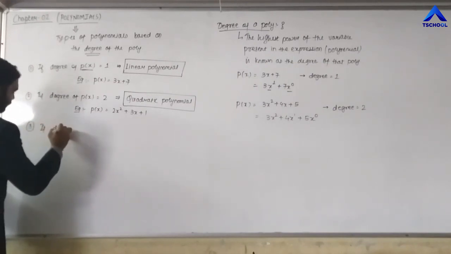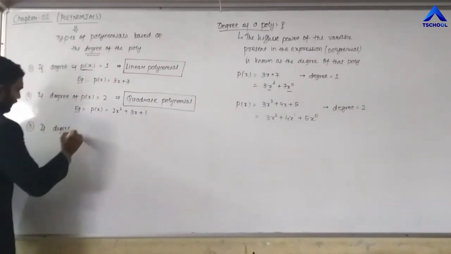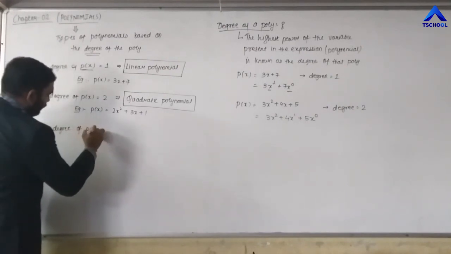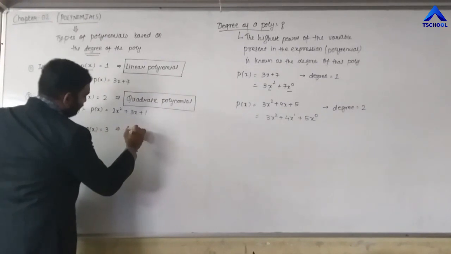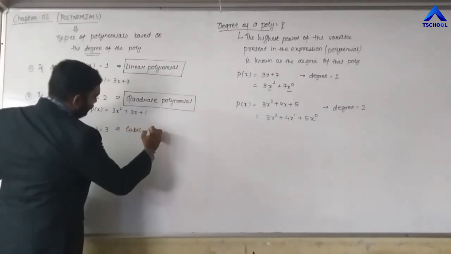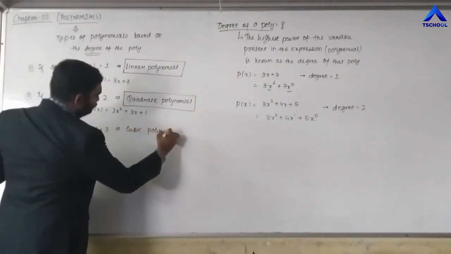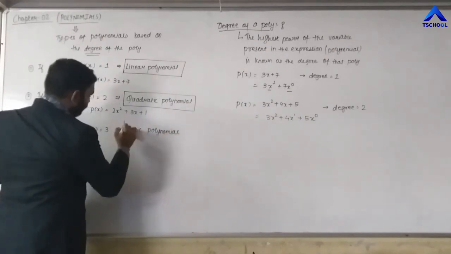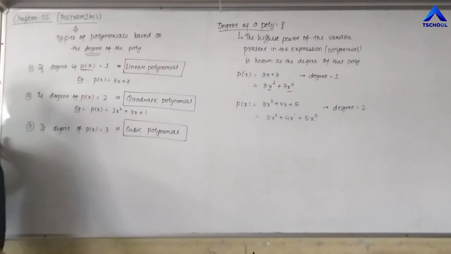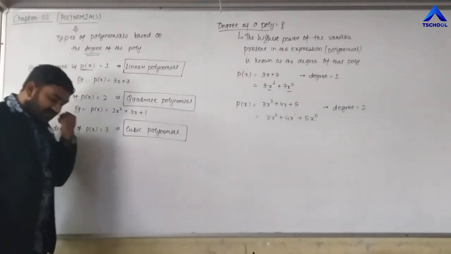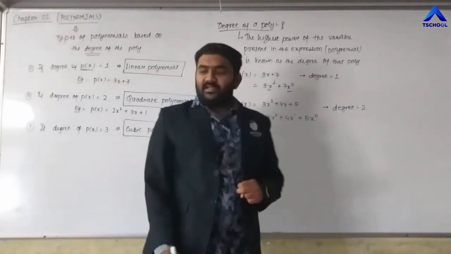That if the degree of p of x is 3, then that is known as a cubic polynomial. Cubic. The highest power of the variable present here in this polynomial will be 3, right?